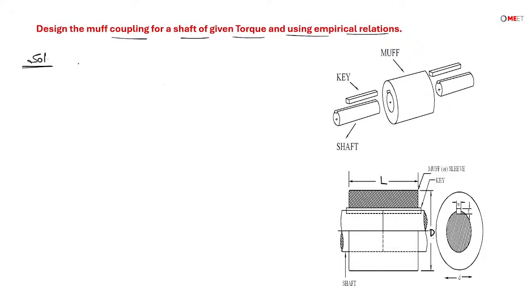So first is design of the shaft that has to be done. Design of shaft is given by the equation T by J is equal to tau by R, which we have already seen many number of times. Upon simplification, J is pi by 32 d power 4 and R is small d by 2.